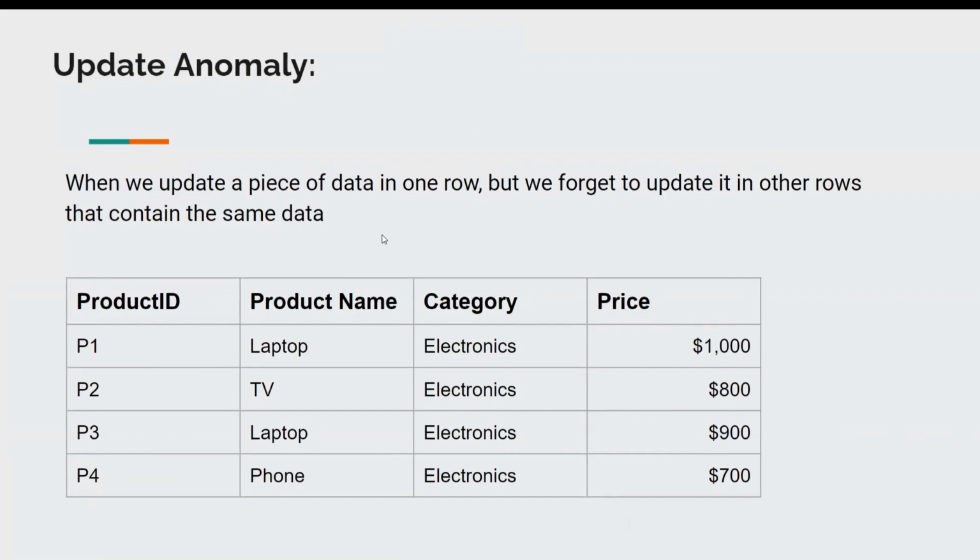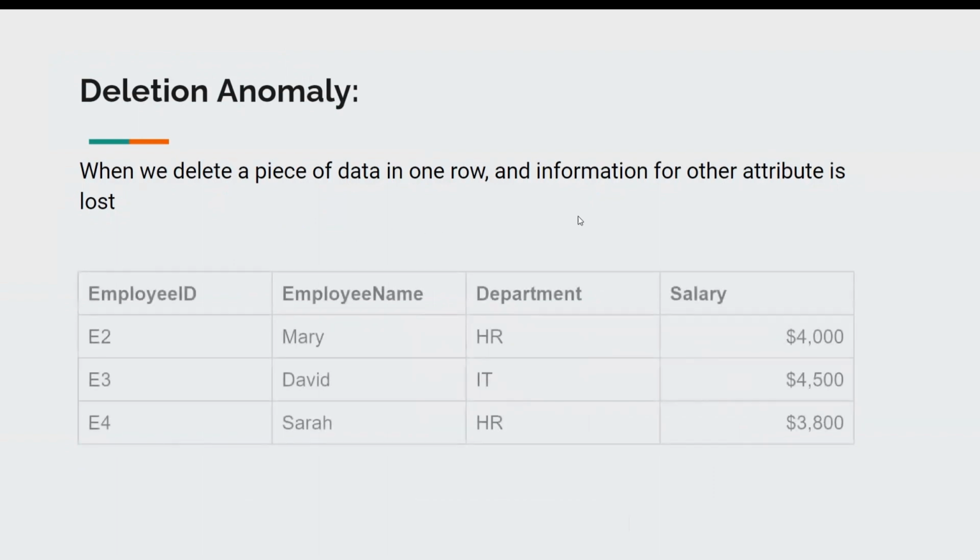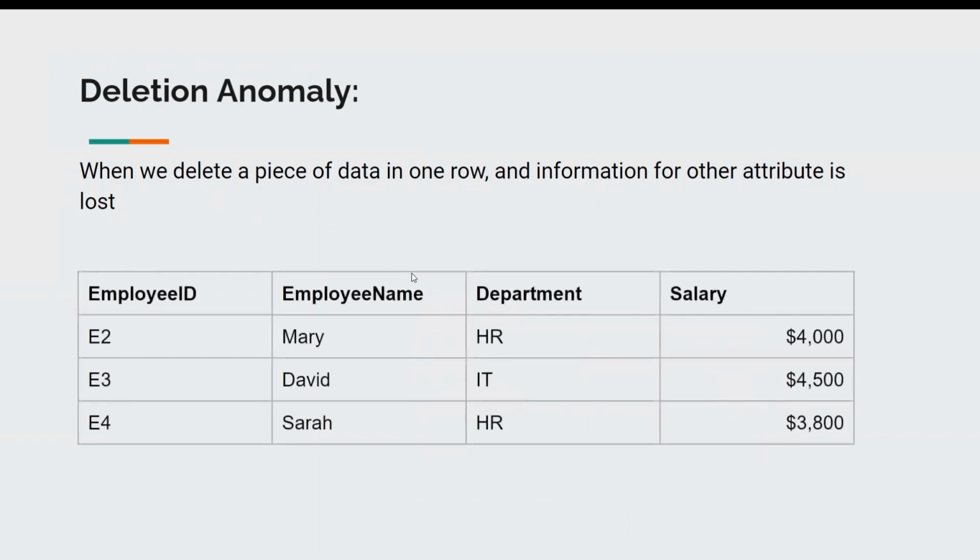Next one is deletion anomaly. Simply, it means that when we delete a piece of data in one row, information for another attribute is lost. Let's see an example. In this table, we have the information for employees, the departments they are working in, and the salary they are drawing.